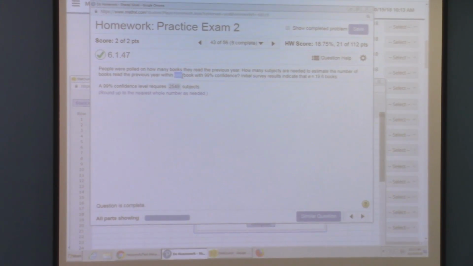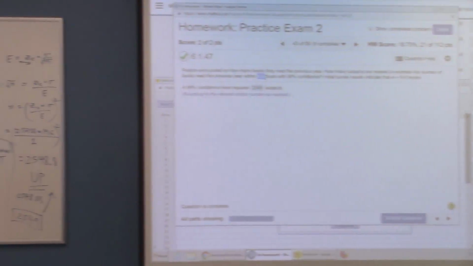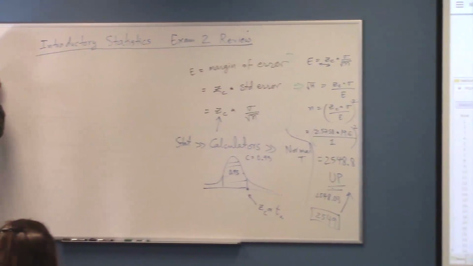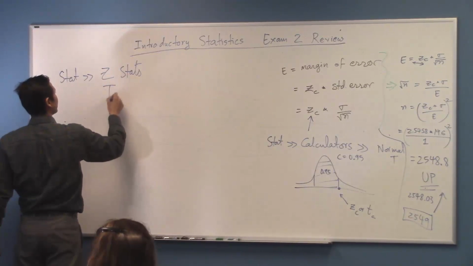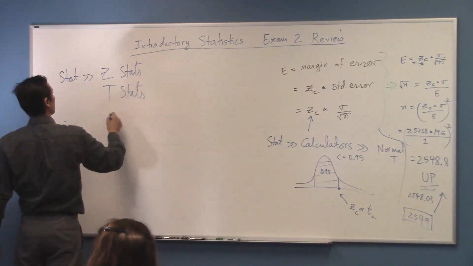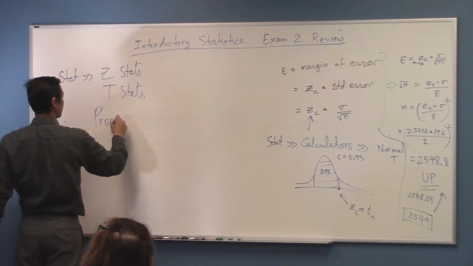So now, finally, let's do some confidence intervals, actually. Confidence intervals are easy because all confidence intervals can be computed using this. Stat, either Z stats or T stats or proportion stats, based on what kind of confidence interval you want.